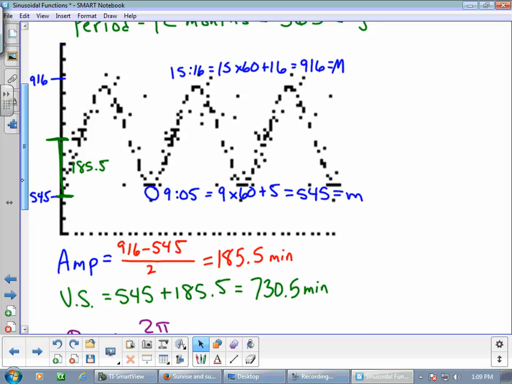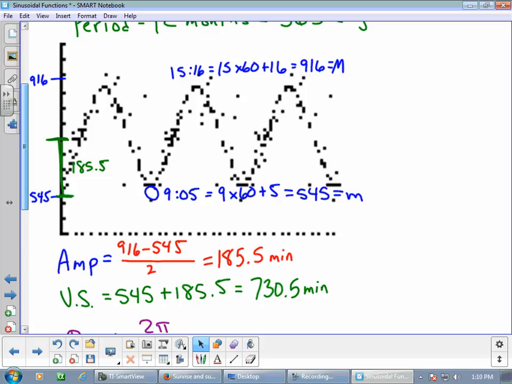Why negative cosine, Zach? Okay, so our wave starts at the bottom. Almost. I have no problem with using negative cosine, though. It might be the easiest thing to do here.